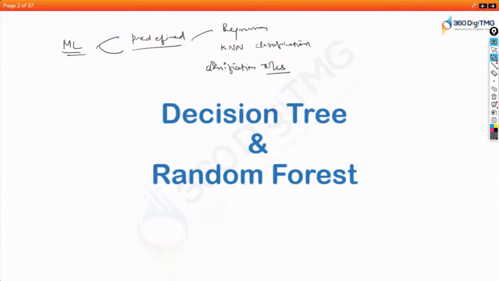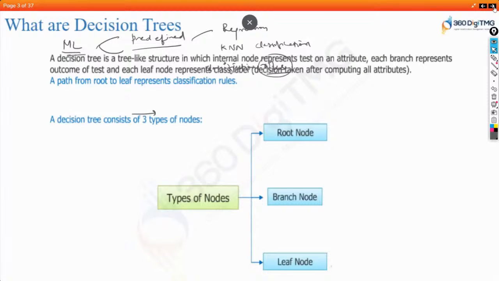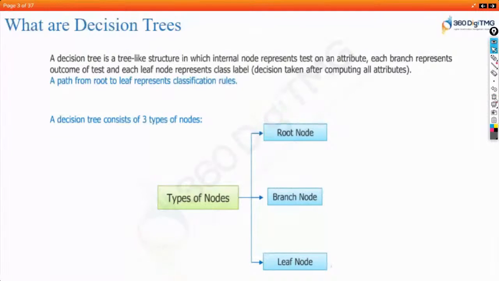This classification rules-based technique is generating rules to classify the data, and we call this model a decision tree. A decision tree is basically a tree-like diagram in which we have nodes.